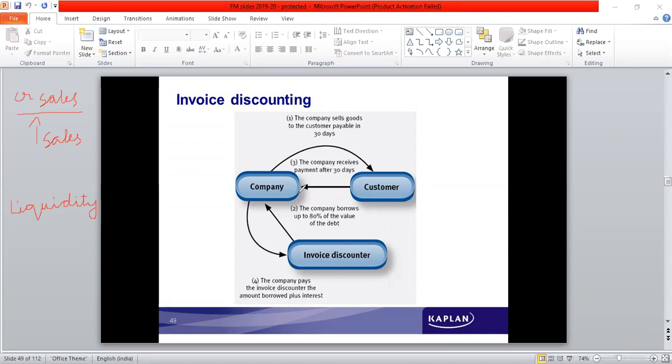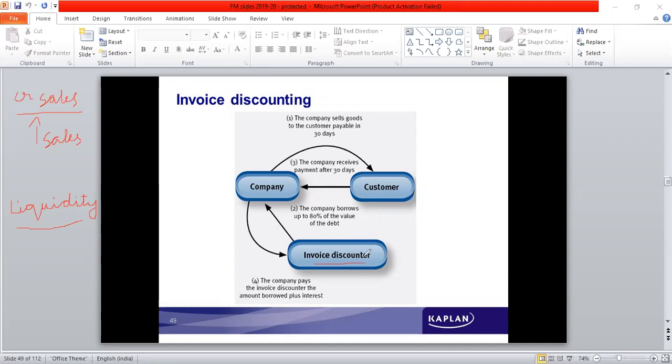So at the end of the credit period, on the due date, on presenting the invoice, the amount will be collected from the customer. But because the liquidity gets affected, the company has an alternative: it approaches an invoice discounter. What is an invoice discounter?